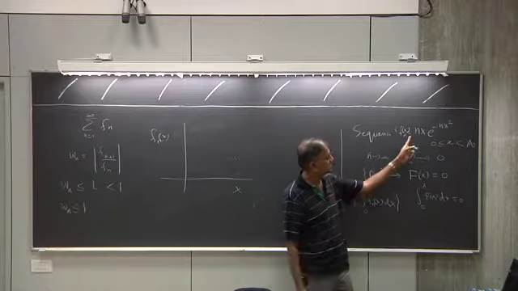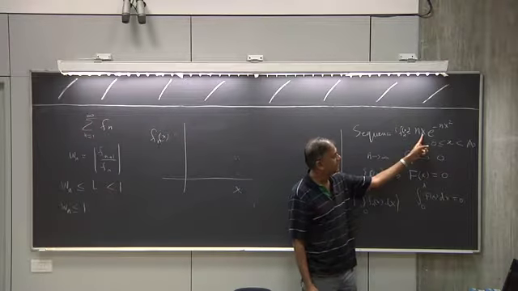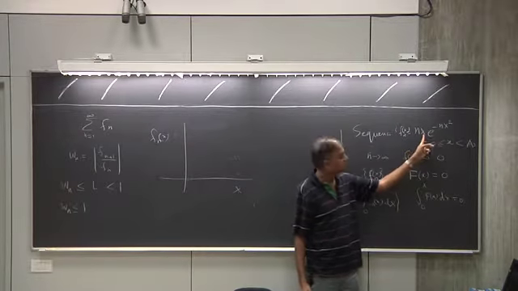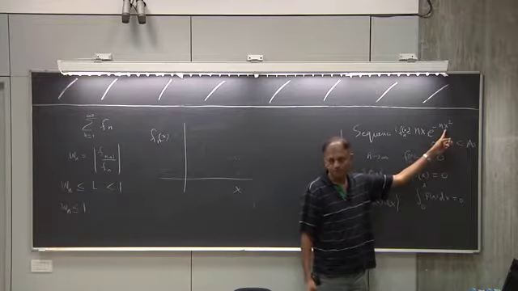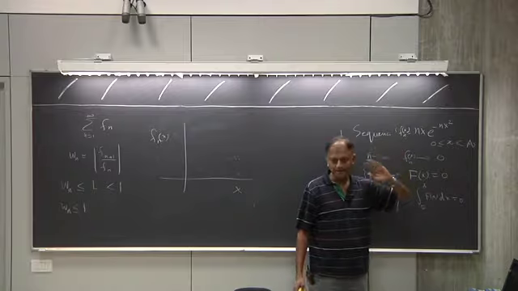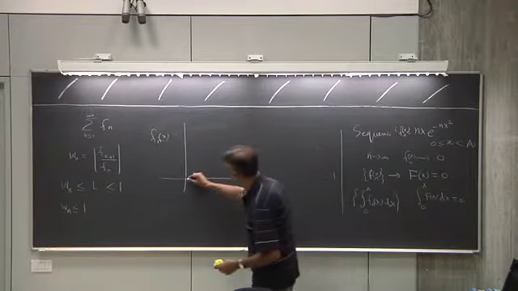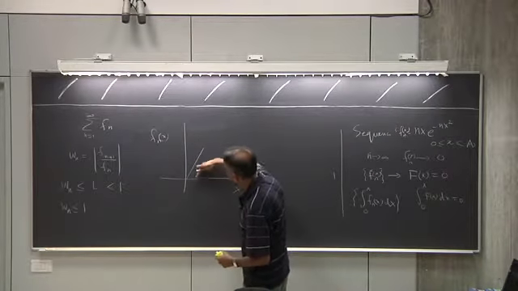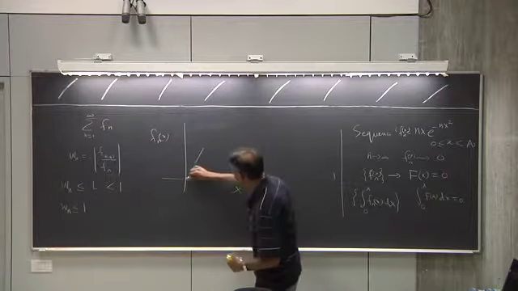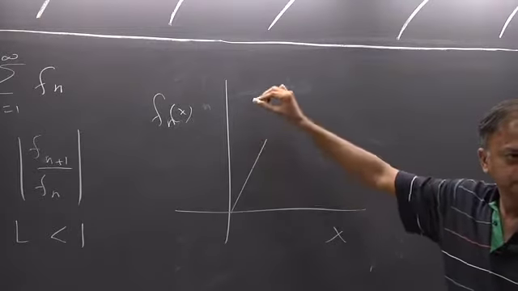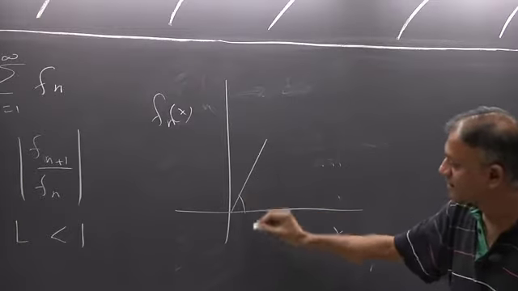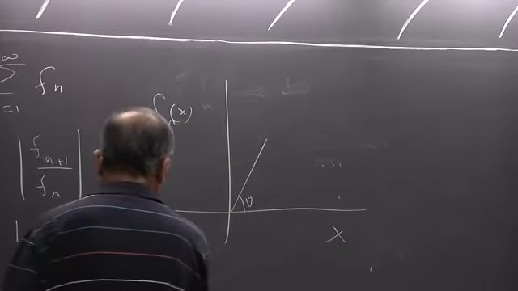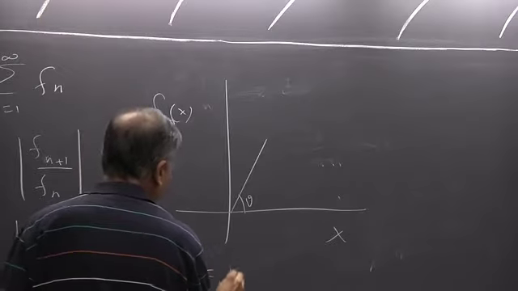To get something non-zero, this derivative should act there. When the derivative acts there, you just get n times this quantity, but this quantity is 1 at x equal to 0. So the slope is n. As n increases, the slope becomes bigger and bigger. So tan of this angle is n.